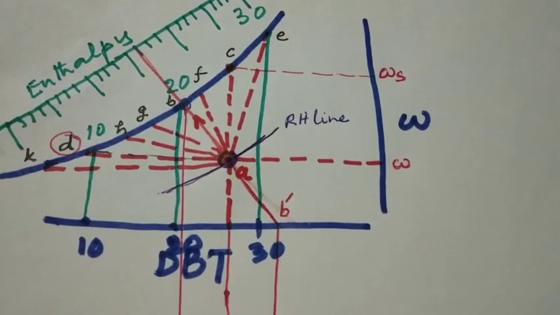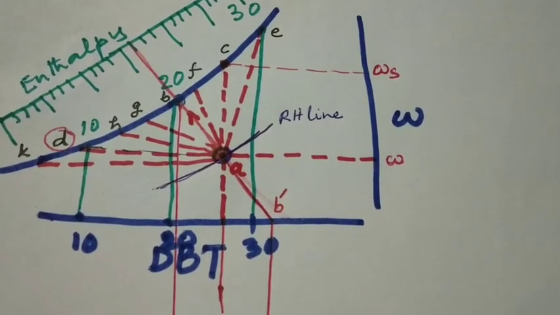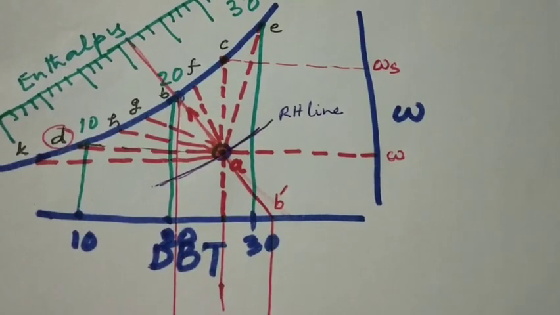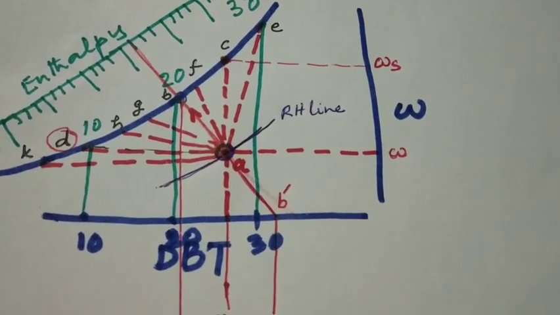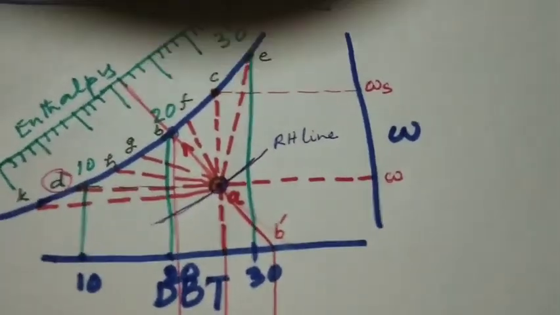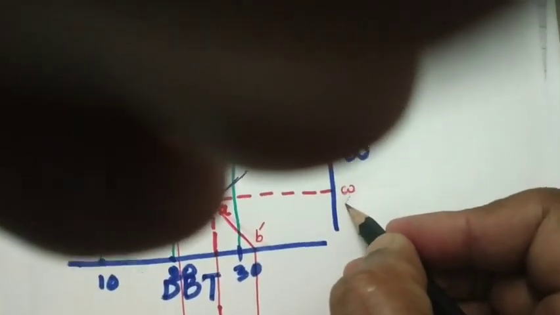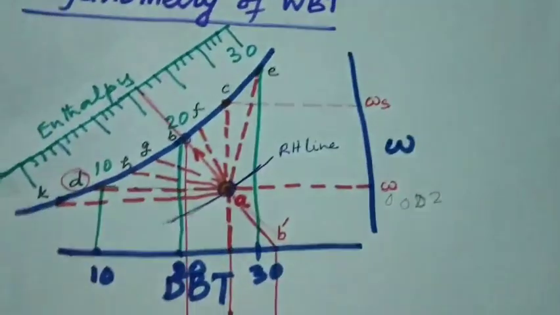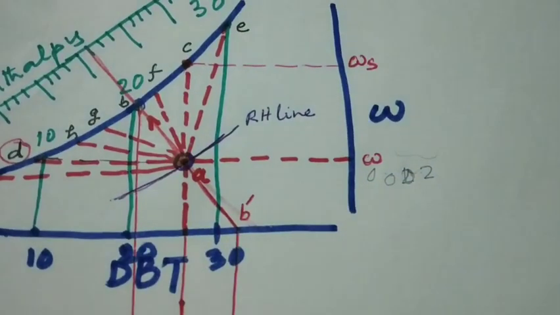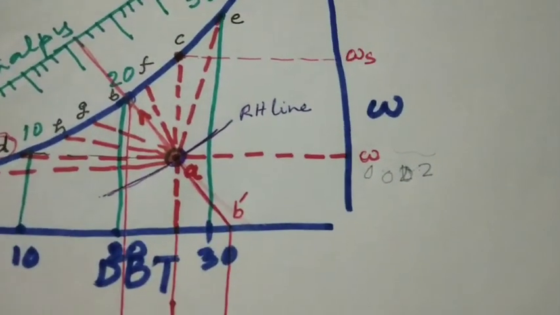As we know, if we want to locate a point, we need to have two values. So on measurement of the specific humidity of the air, it is found that it supposedly has a value of 0.002, or 2, you can take any value. So 0.002 kilogram of specific humidity is there.